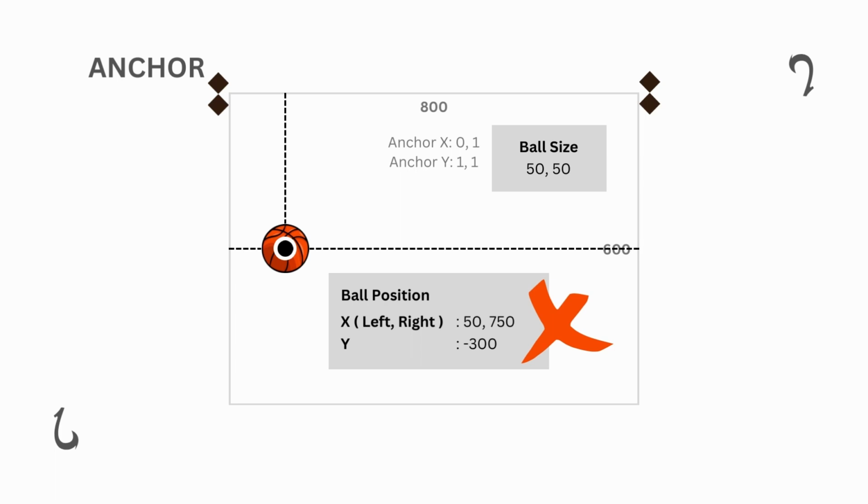When the anchor point changes like this, we need to get the left of the ball and the right of the ball, not exactly on the center. That's why we need to calculate the left and right with the ball size too. Right now our pivot is on the middle of the ball.